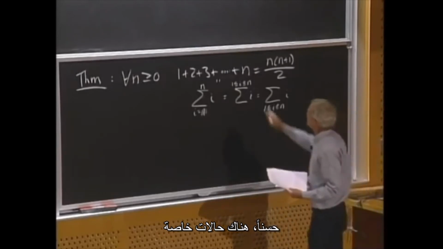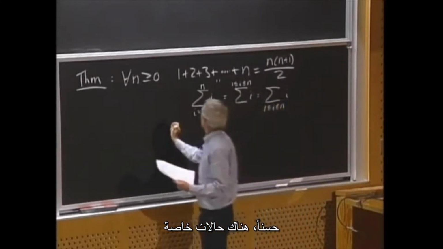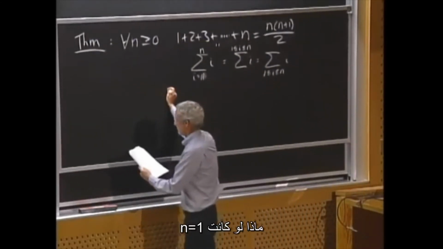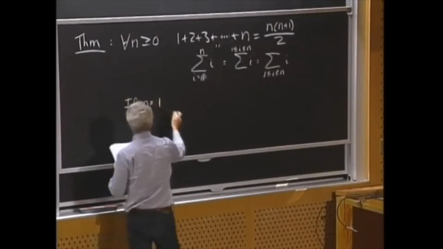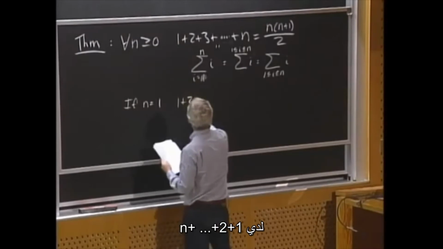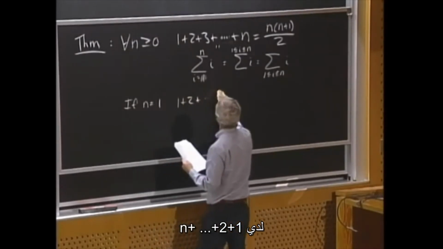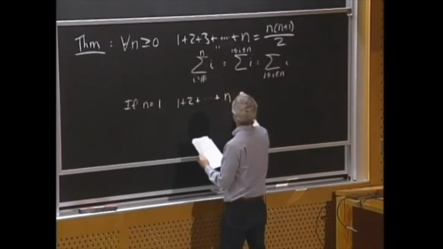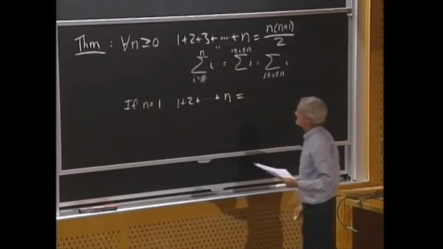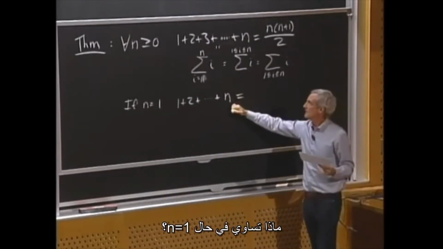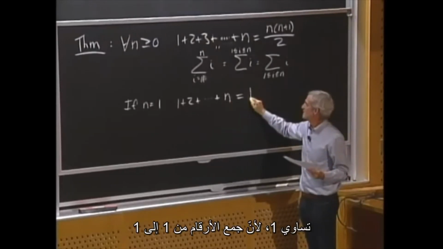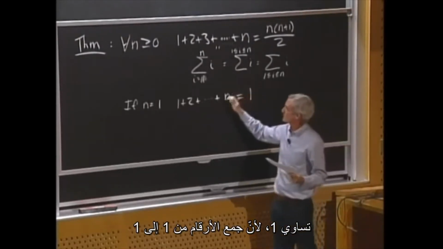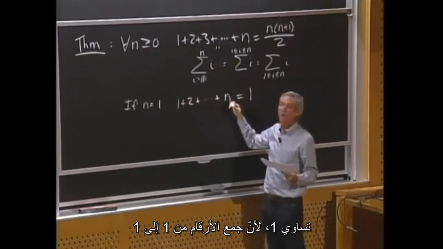All right, now there are some special cases that make this a little more interesting. What if n equals 1? I've got 1 plus 2 plus dot, dot, dot plus n. What do you suppose it equals if n equals 1? It equals 1, because we're summing the numbers from 1 to 1.